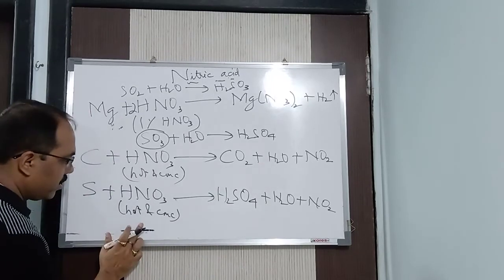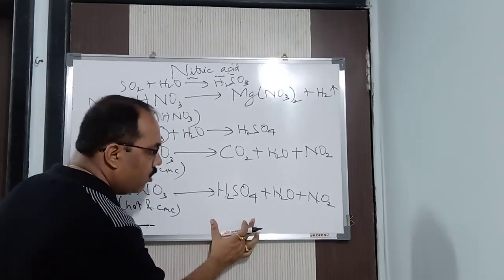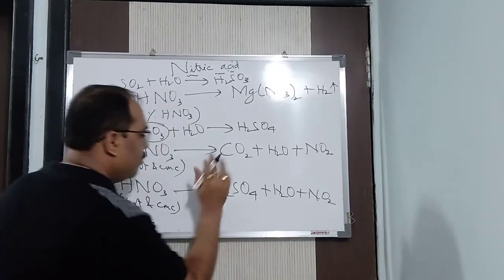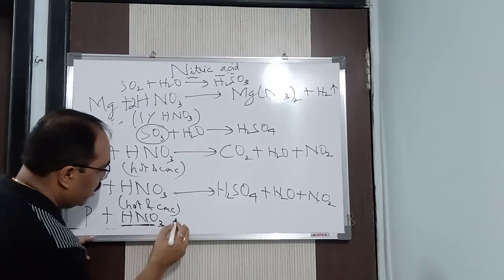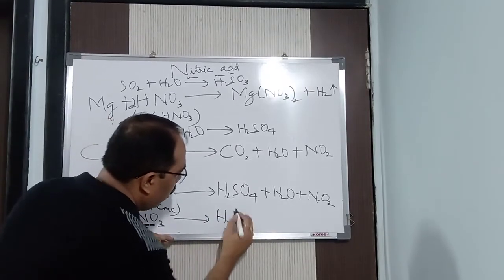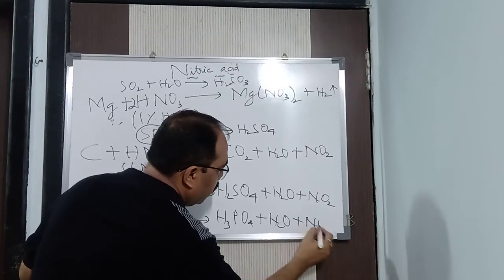Like phosphorus plus concentrated nitric acid, you will get phosphoric acid, that is H3PO4 plus water plus NO2. Balance it. I am writing it, see here. P plus HNO3, hot and concentrated, will give you what? H3PO4 plus water plus NO2. You will say directly H3PO4 is formed.